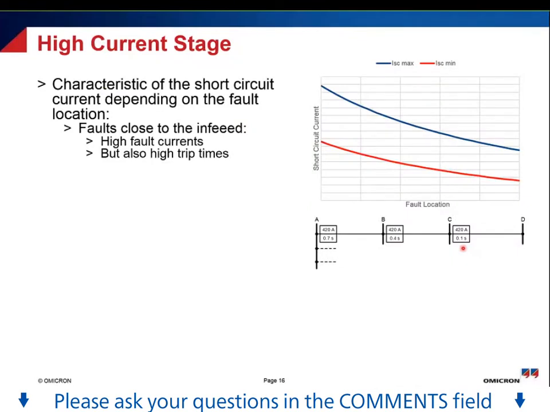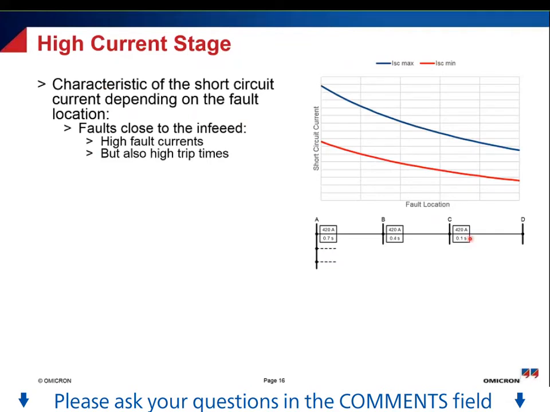Now to another pretty interesting topic, the high current stage. Let's leave aside the inverse characteristic for a moment and have a look at the definite time overcurrent characteristics. If we look at this, here we have our settings of our protection devices in the feeder.